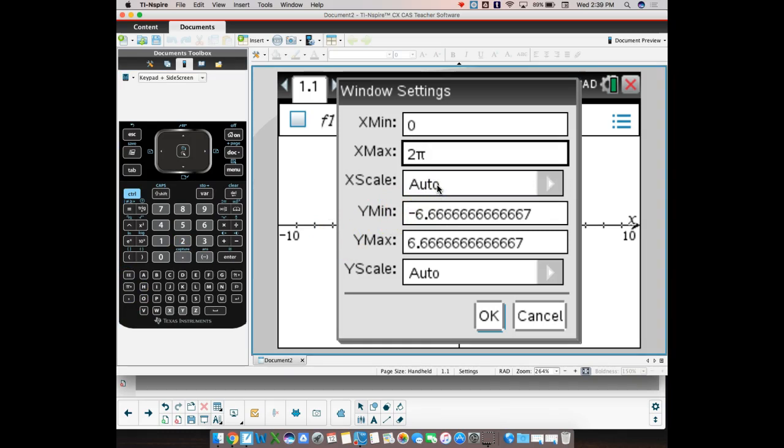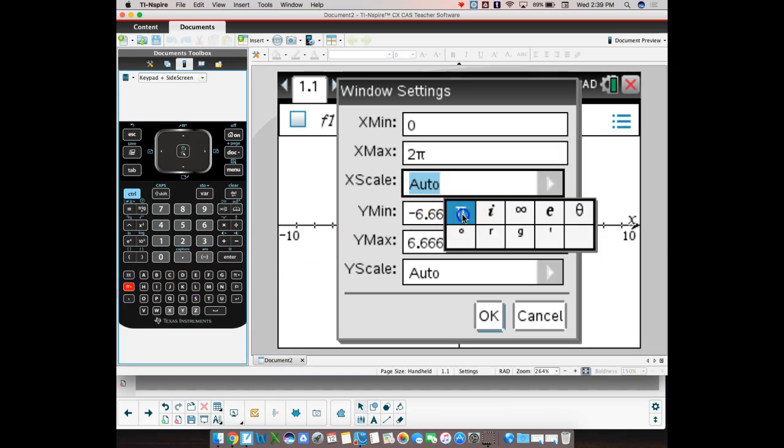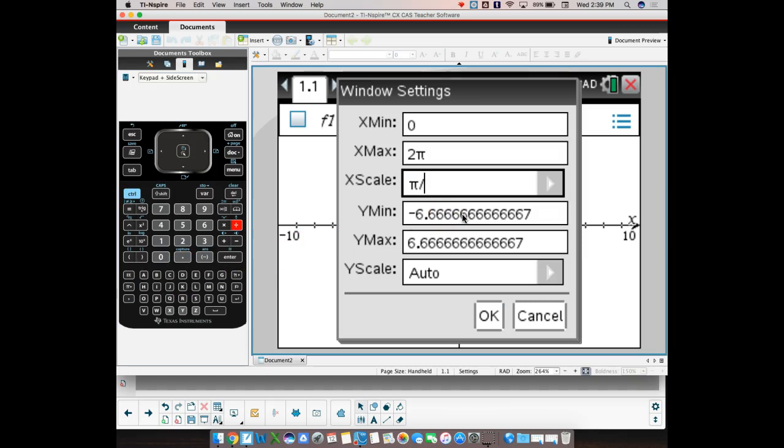and use the pi key. Okay, the pi key is located way down here at the bottom. You get pi there. Let's go by pi over 2's as our scale. And then negative 2 to positive 2, and we'll go by 1's there.